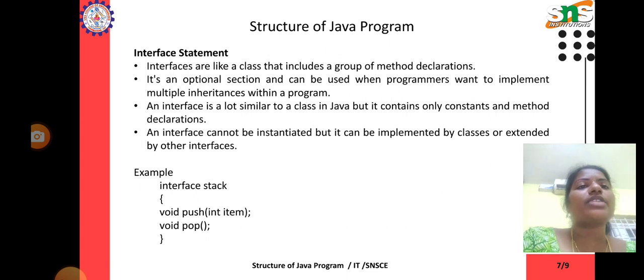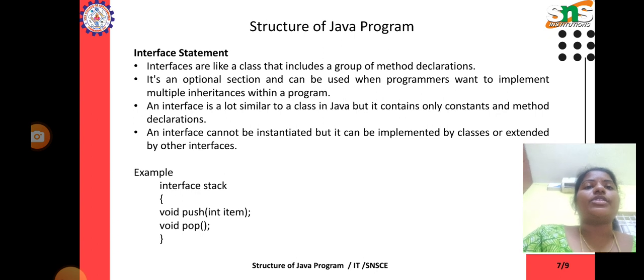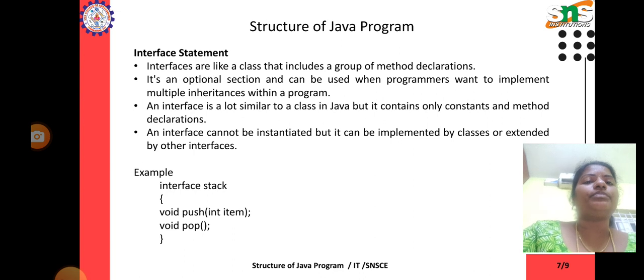An interface cannot be instantiated, but it can be implemented by classes or extended by other interfaces. For example, interface name is Stack, open brace, void push(int item), then void pop().